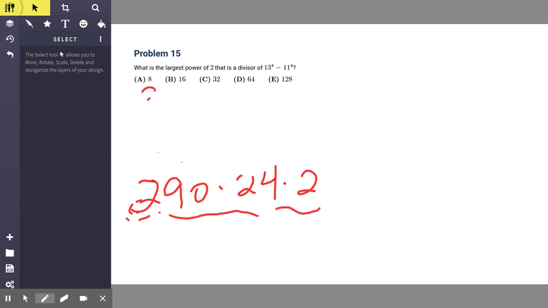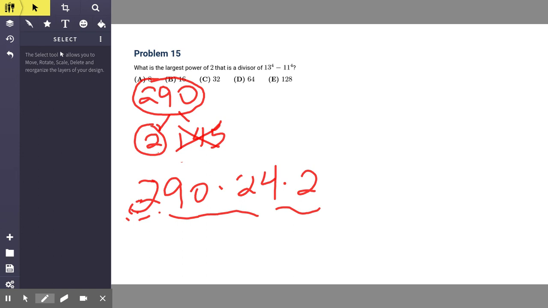So if we prime factorize 290, we get 2 times 145. And so now we can stop prime factorizing because we know that 145 does not have a 2 in it. So there's 1 2.